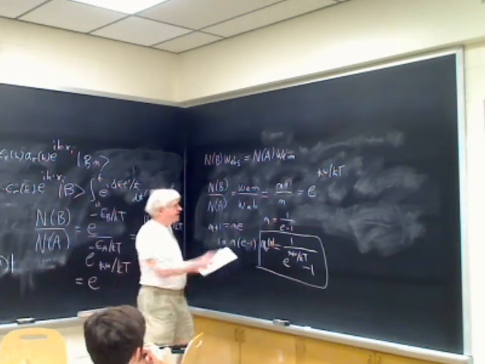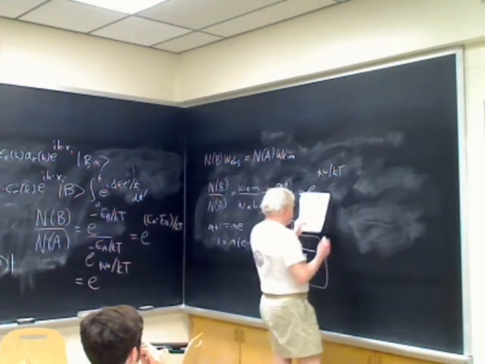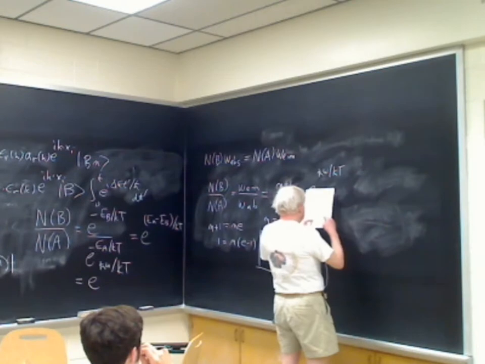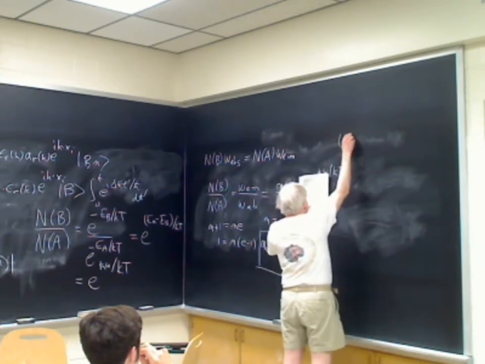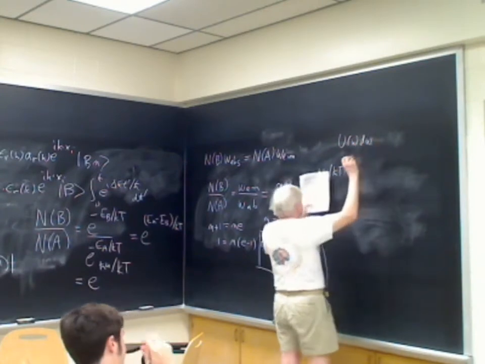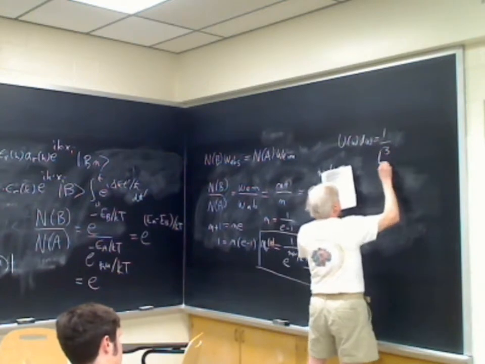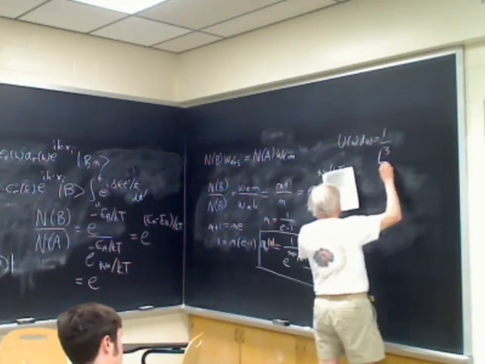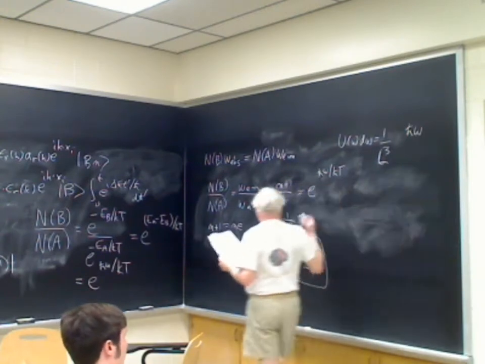Okay, since we've gone this far, we might as well go the rest of the distance. The energy of the radiation field per unit volume in an angular frequency d omega is 1 over L cubed. That's the per unit volume. Then we're going to have h bar omega. That's the energy.